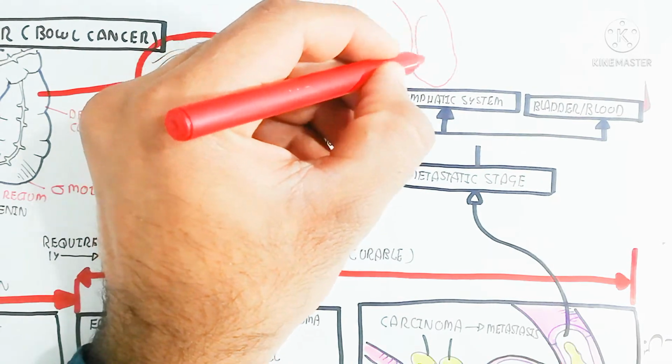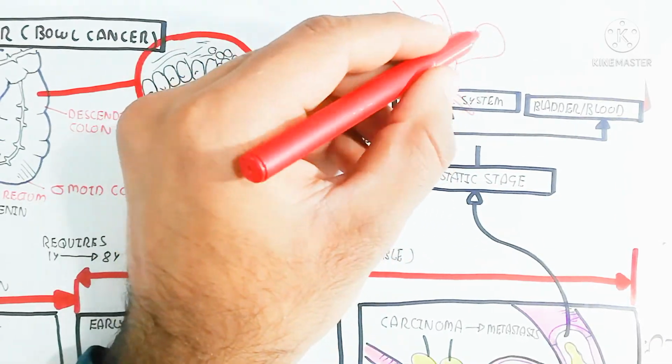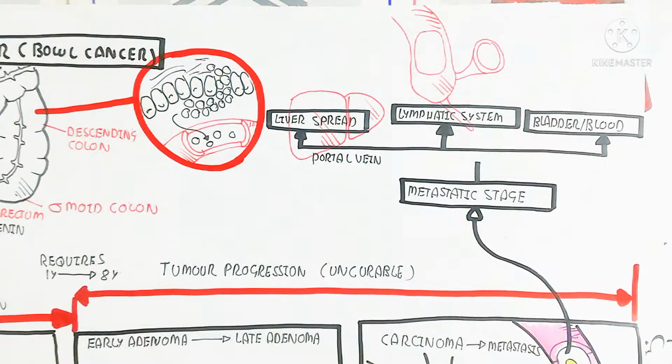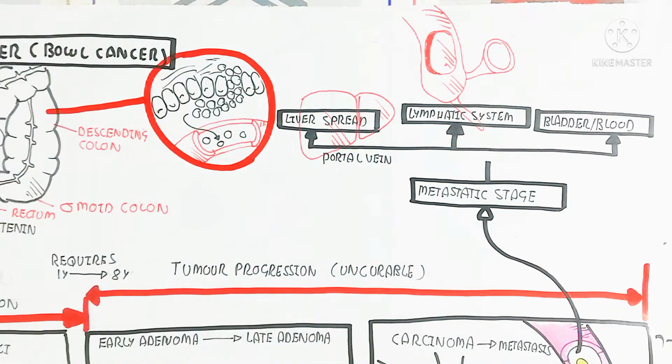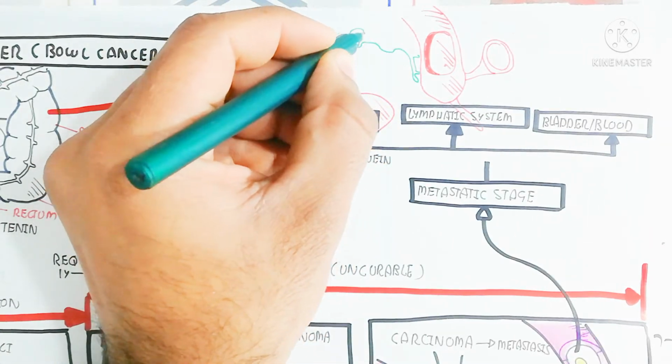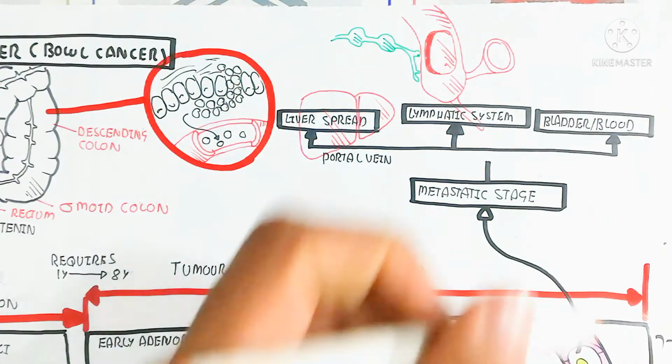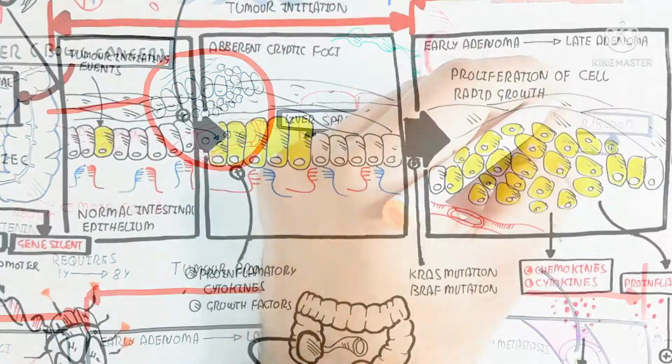In this way the lymphatic system is a major source for the spreading of cancer cells. And the bladder and blood, basically the bladder is another way to spread the cancer.